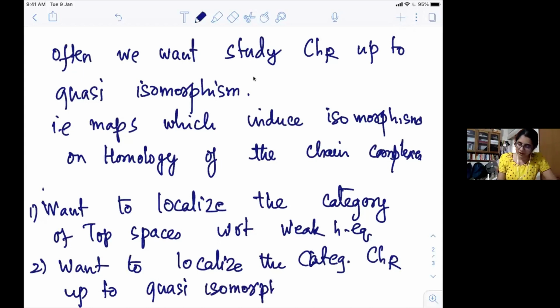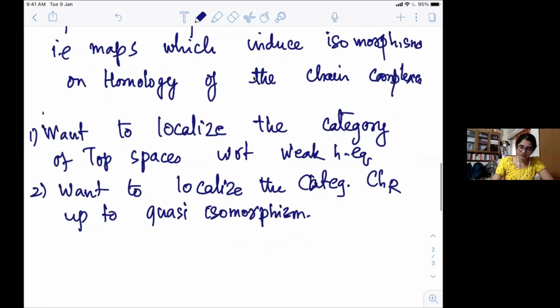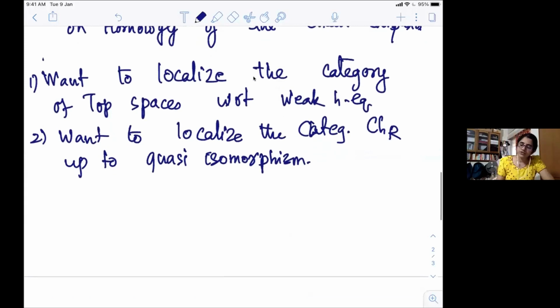There are different categorical methods one may want to use, and various issues. One runs into the need for your category to be small, which means the class of objects has to form a set. Or after doing the localization, you want to end up with an ordinary category, and not a situation where the Hom sets turn out to be classes instead of sets.